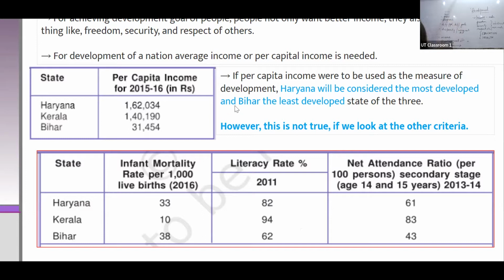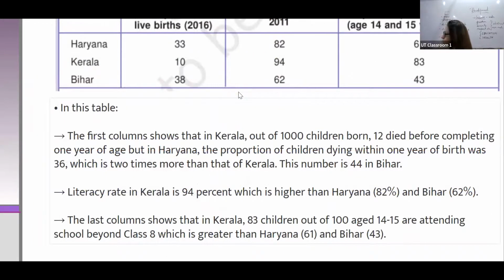The next screen will clarify things for you. In this table, the first column shows that in Kerala, out of 1,000 children born, 12 died before completing 1 year of age, but in Haryana, the proportion of children dying within 1 year of birth was 36.